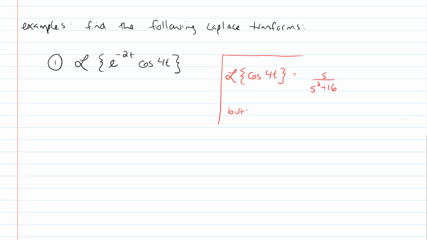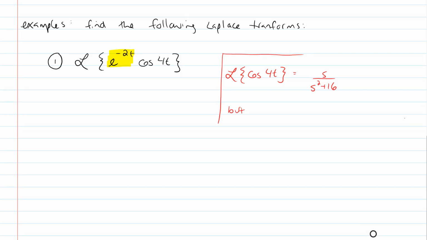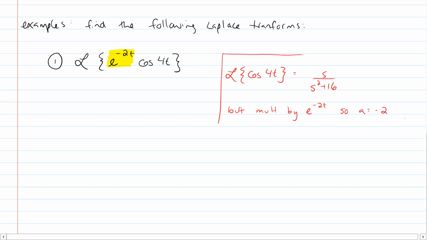But in addition, we're multiplying our function by e to the negative 2t, which means that a is equal to negative 2, sorry, because we're multiplying by e to the at, so a is equal to negative 2.